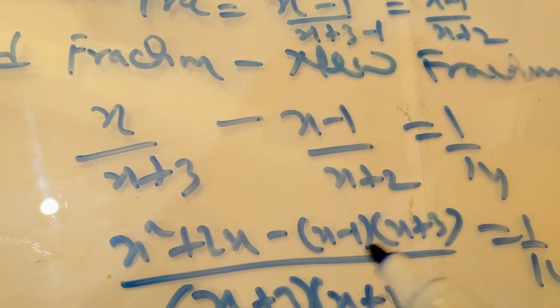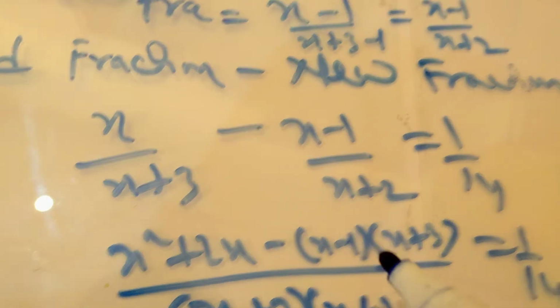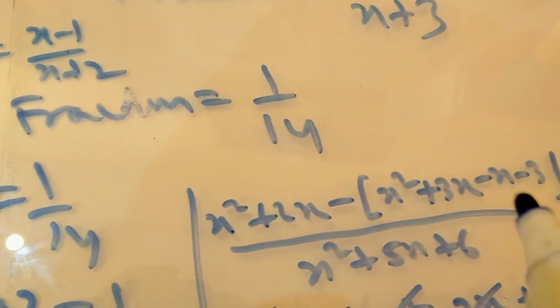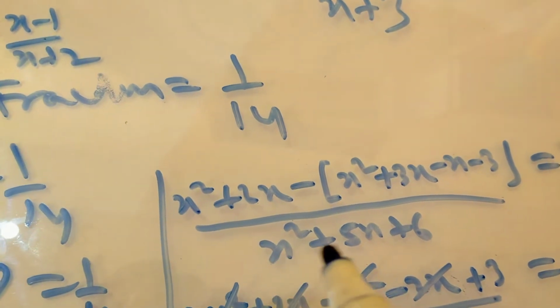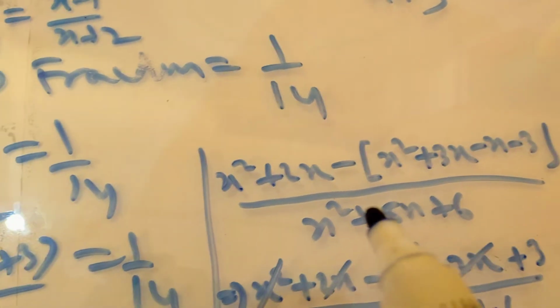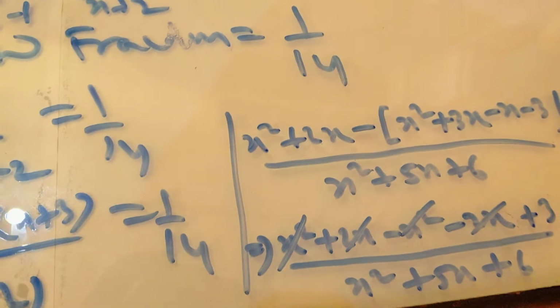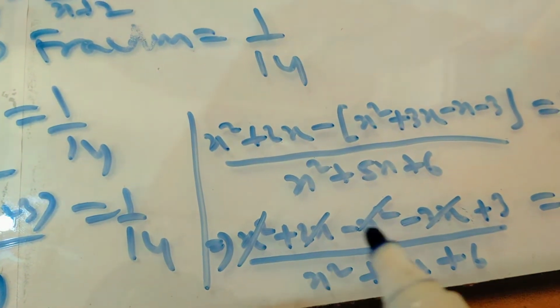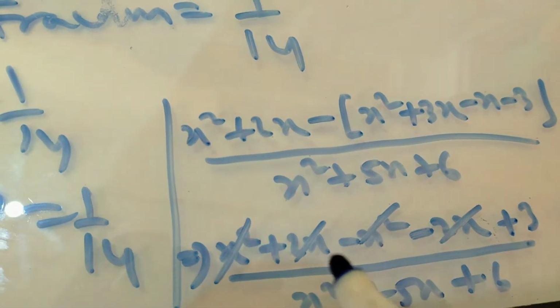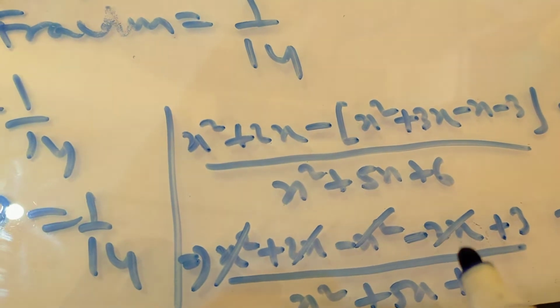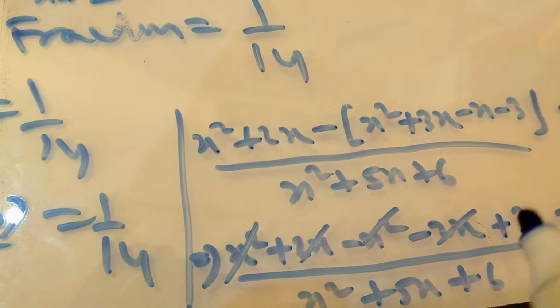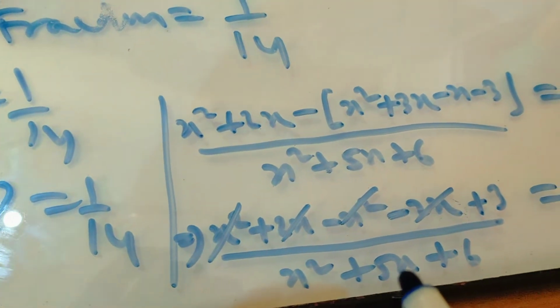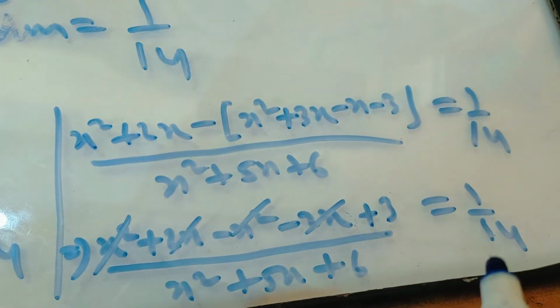After opening the brackets, x square cancels with x square, 2x cancels with 2x, and finally only 3 remains in the numerator. The denominator is x square plus 5x plus 6, equal to 1 by 14.